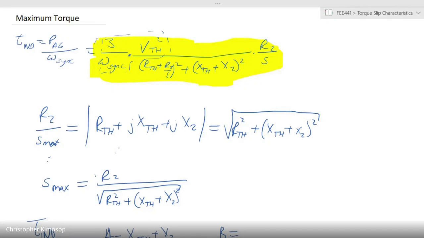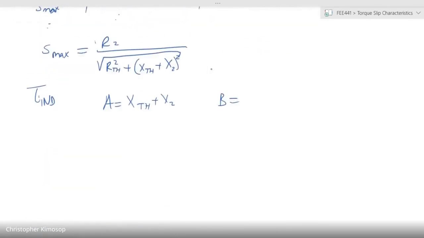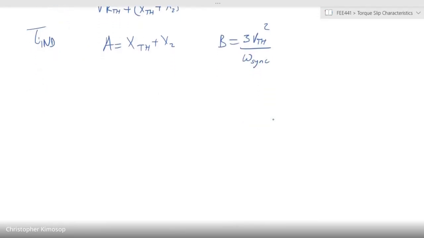Let's call all of that B. This is just for purposes of this derivation, so that we reduce the clutter slightly and are able to follow what we're doing.